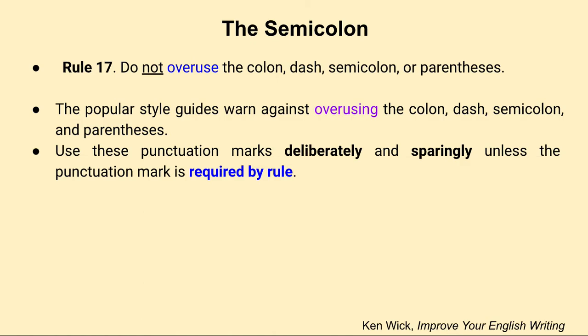So you need to use these punctuation marks deliberately and sparingly unless the punctuation mark is required by rule. You should probably consider using a comma or period first instead of using a colon, dash, semicolon, or parentheses when not required by the rule.